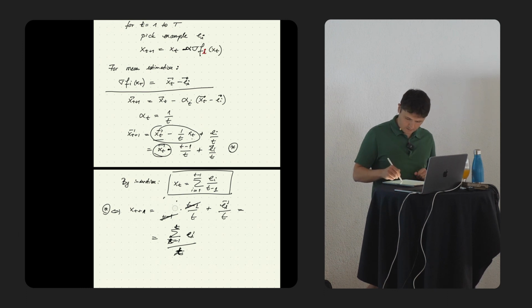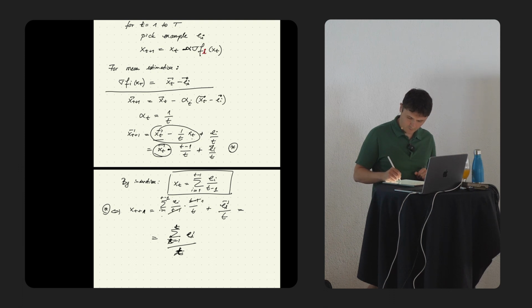Let me rewrite this because it's a bit messy. So assuming that this is the case, I can replace this into the induction formula. So I'm going to get the sum I equal 1 to t minus 1 of EI over t minus 1, times t minus 1 over t.